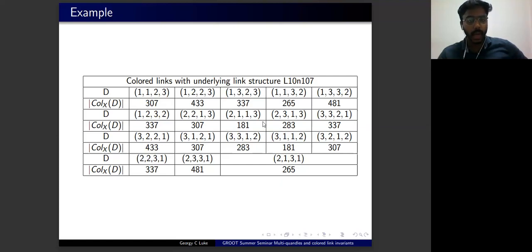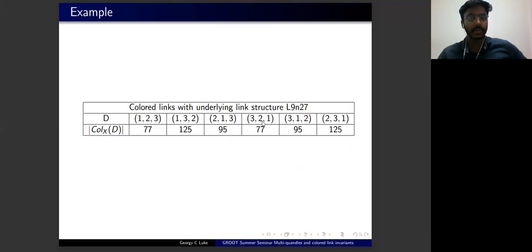So as the coloring changes, even though the underlying link structure is the same, they are different as colorings up to colored ambient isotopy, that is, as equivalence classes of colored links, they are different.